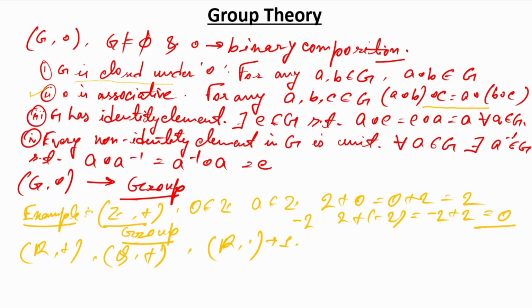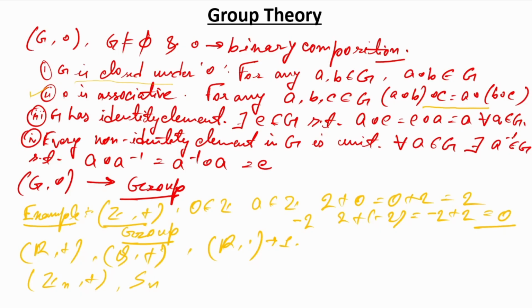Similarly, we have some finite groups also, like Zn comma plus. This is a finite group. What is Zn? So this is actually the group of integer modulo n. We will discuss about Zn in our future video. Just remember, this group is finite group. Also Sn. Sn is called symmetric group. This is also a finite group. Okay, so what is Sn?